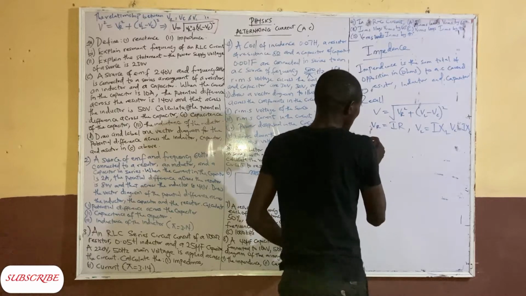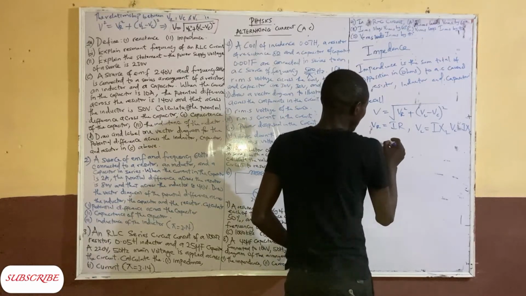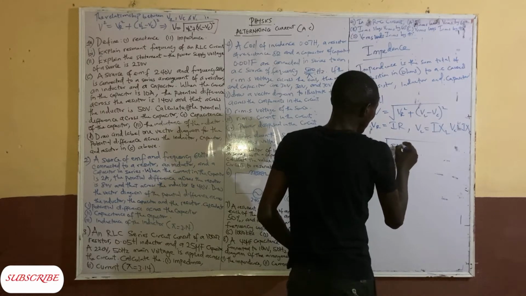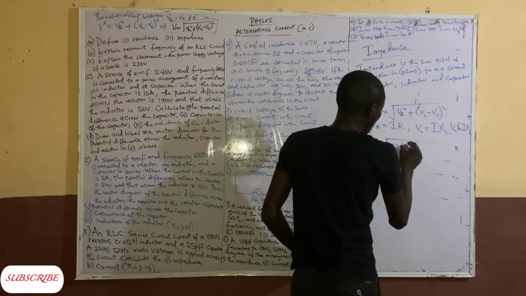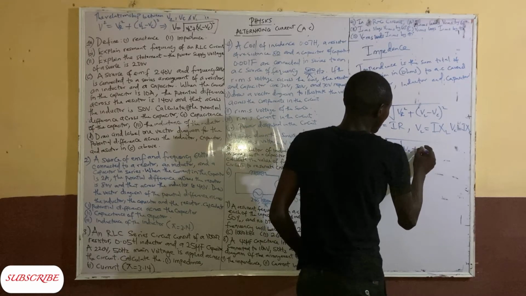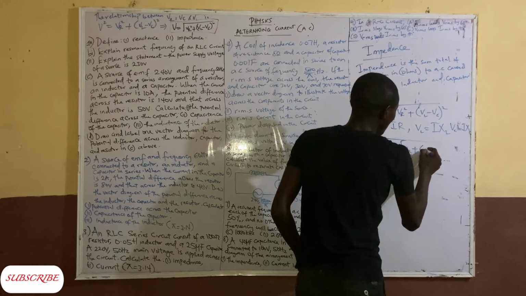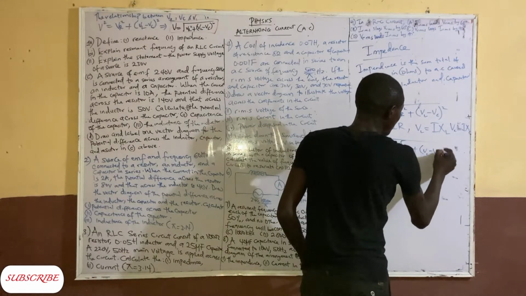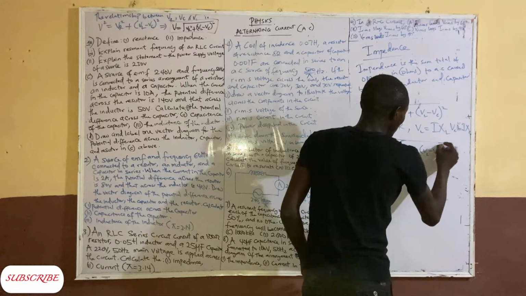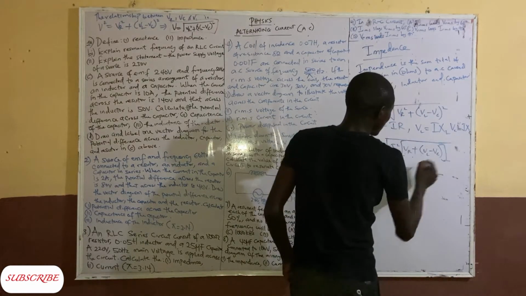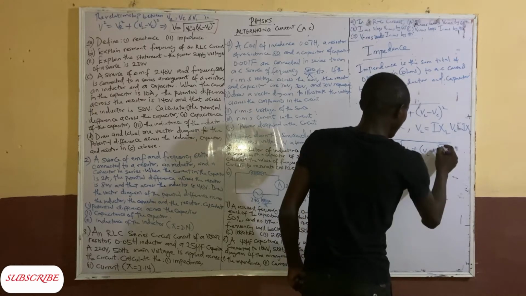When you factorize it, you are going to have V equal to the square root of I squared into bracket VR plus open bracket VL minus VC bracket close. Now when you close the bracket, then this one is squared.